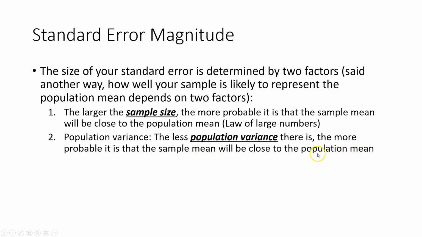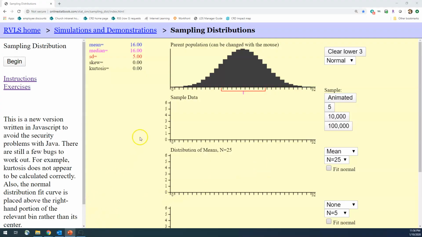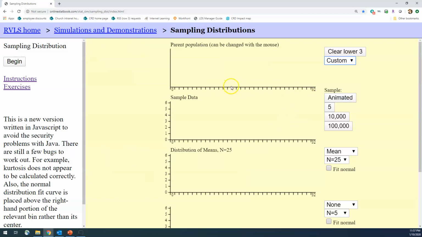I'm going to go back again to our online example and show you that if we keep the size of the samples constant at n equals 25, and we compute 100,000 means from this parent population that is pretty widespread, your sampling distribution will be skinny. But if you want it even skinnier still, just restrict the size of your parent population. If your parent population looks very thin, then your sampling distribution will be even thinner.